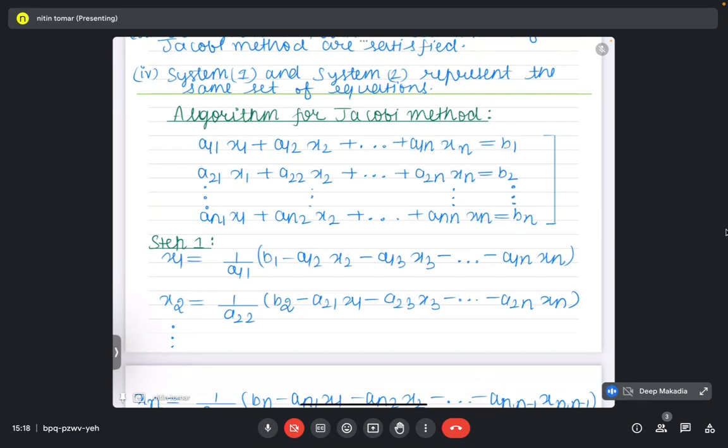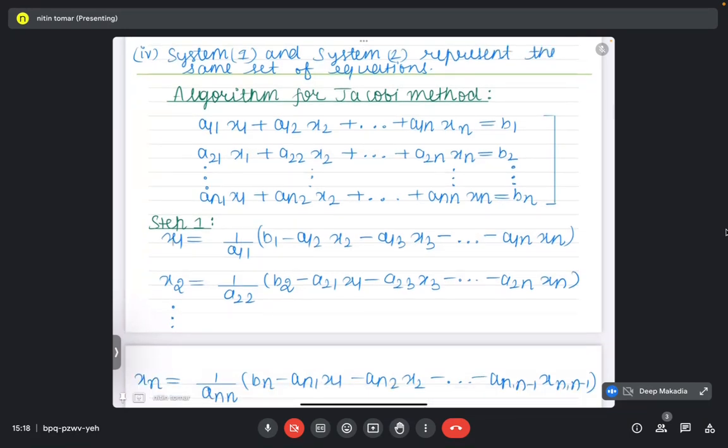And why do we assume that? Because of step 1. The first step in the Jacobi method is the following. You consider the first equation and take x1 out, and you will get 1 upon a11 and so on. This equation is correct, right? Similarly, you do it for the others.